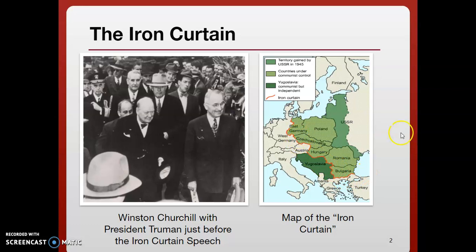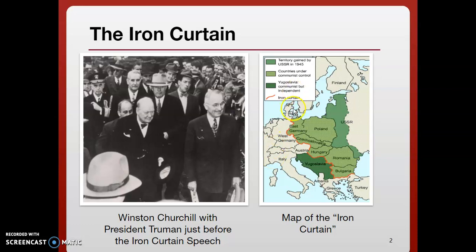Everything to the right side of the Iron Curtain, or to the east, are all countries that fell under the control of communism, which was the main system of power in the USSR. So these are all communist countries and they all are allied, right? They all have their allegiance with the USSR. Everything to the west of the line, besides Yugoslavia, is independent capitalism and aligned with the United States.